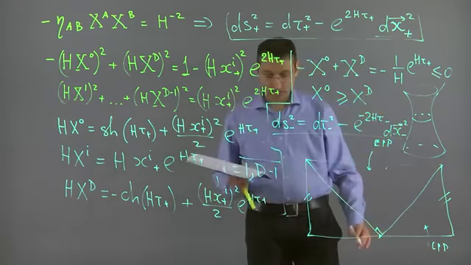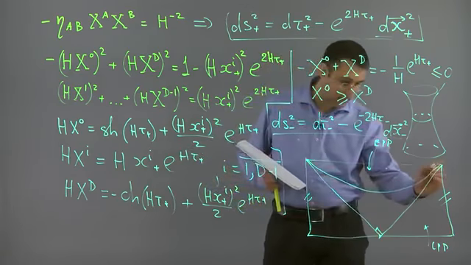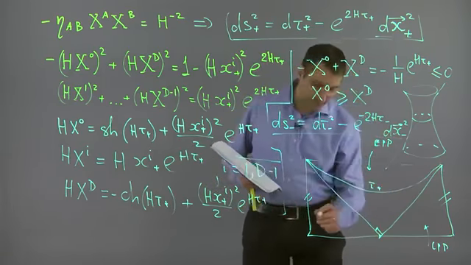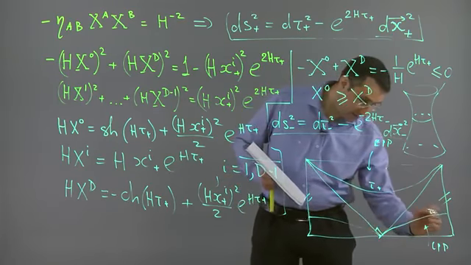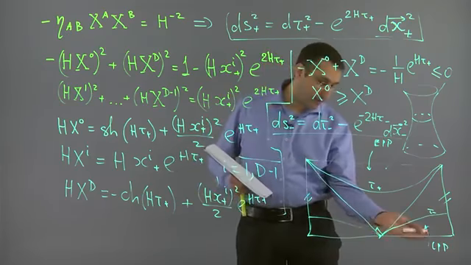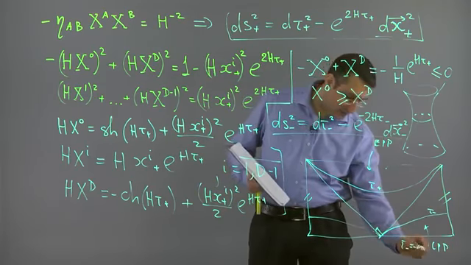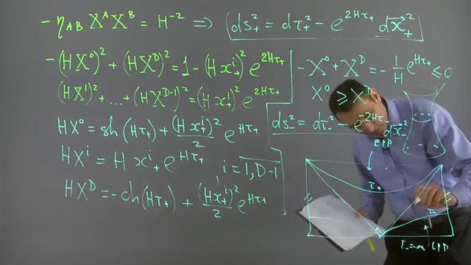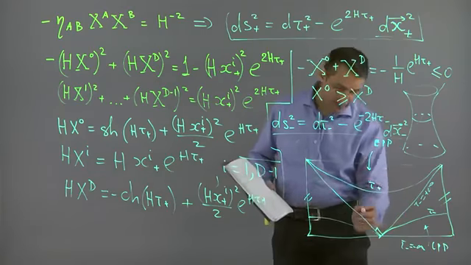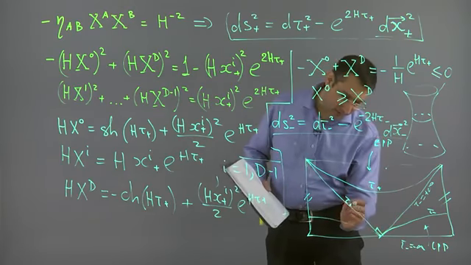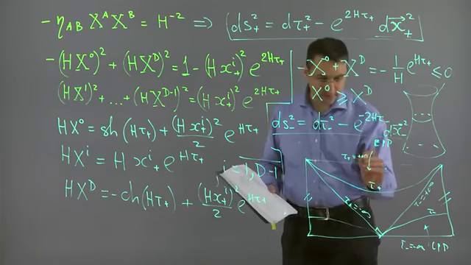And one can see that constant tau plus slices are just this kind of lines, and constant time tau minus slices are these lines. And as time goes, this is tau minus equal to minus infinity, and this is tau minus equal to plus infinity, and this is tau plus equal to minus infinity, and this is tau plus equal to plus infinity.